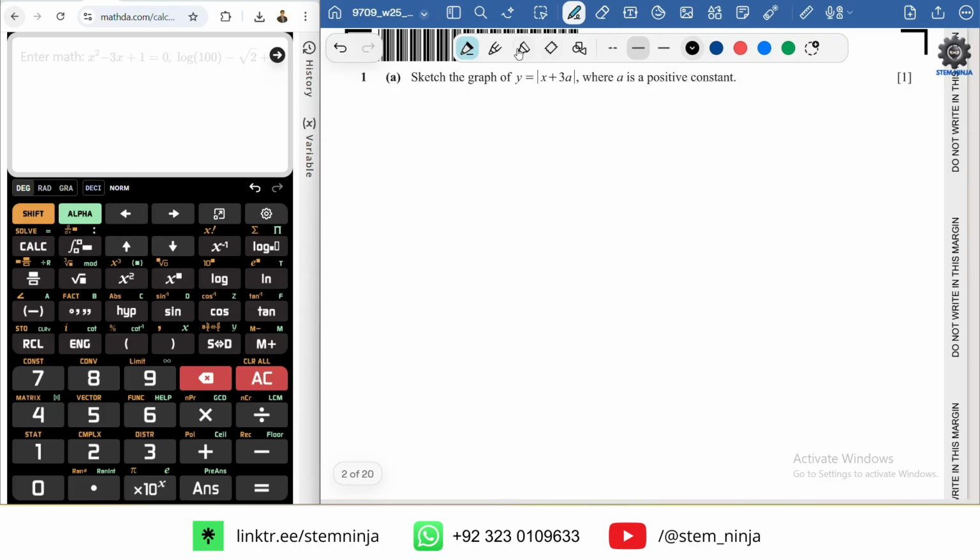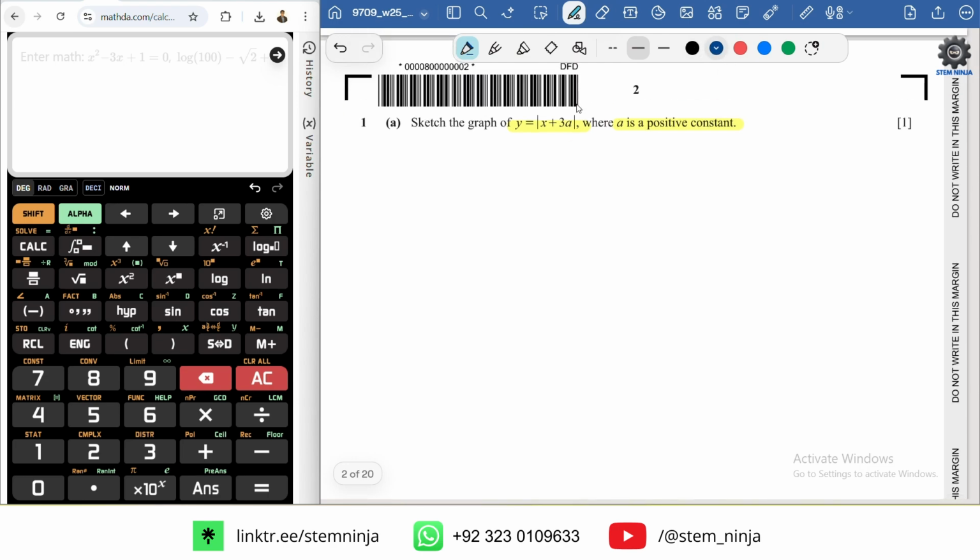Question number 1. Sketch the graph of y equals |x + 3a|, where a is a positive constant. Recall from our revision videos how to split this into a piecewise function. This could be rewritten as x + 3a and -(x + 3a).